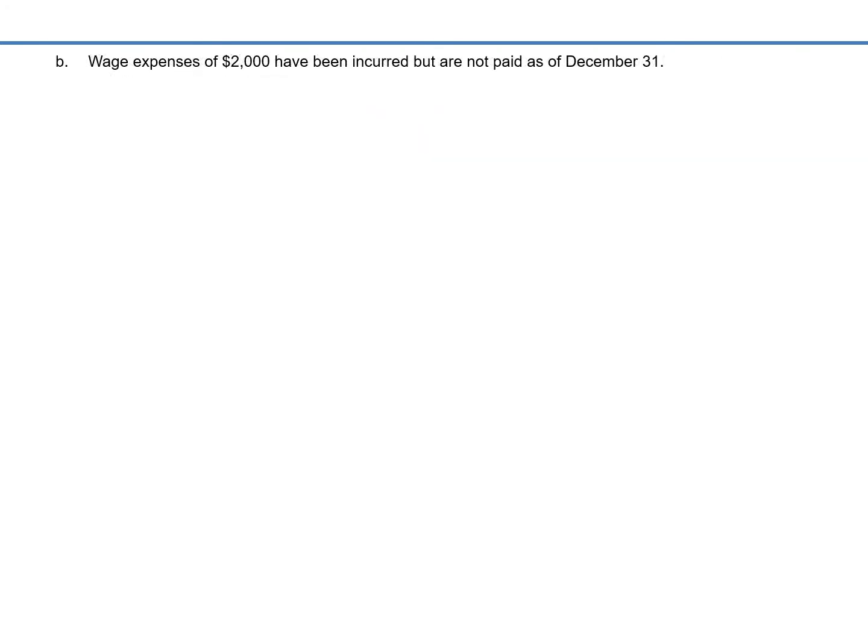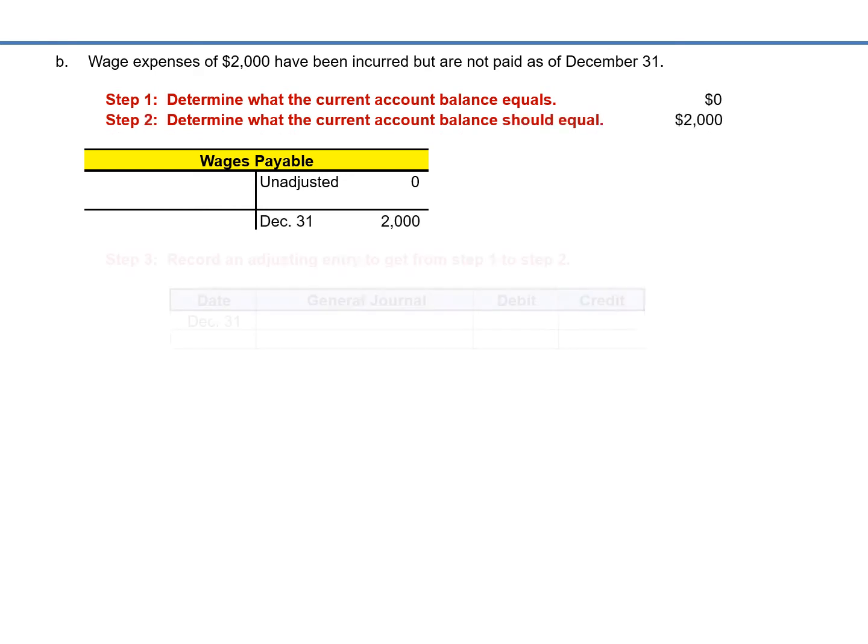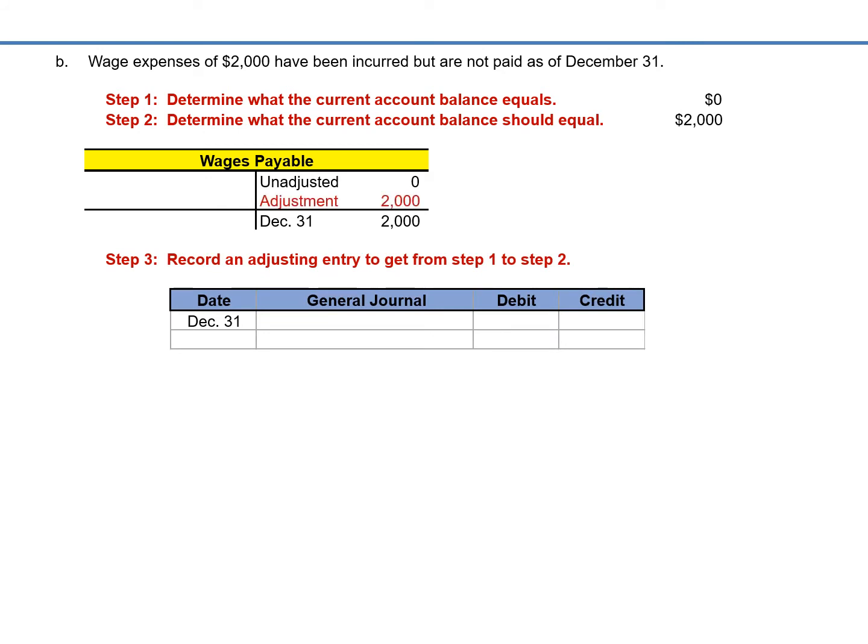Wage expense of $2,000 has been incurred but not paid. Our wages payable is zero, but it needs to be $2,000. To increase liability accounts, we credit. So we credit wages payable, and we debit wage expense $2,000.